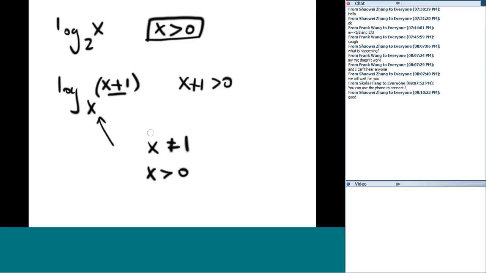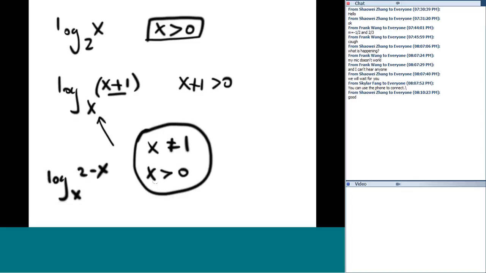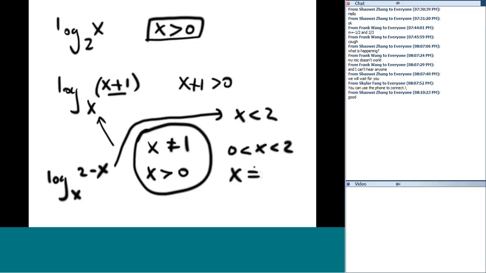So actually that's all the domain: x greater than 0, x not equal to 1. If you have log x of 2 minus x, it will be a little bit more complicated. Then that part will become x less than 2, so 0 less than x less than 2, x not equal to 1.